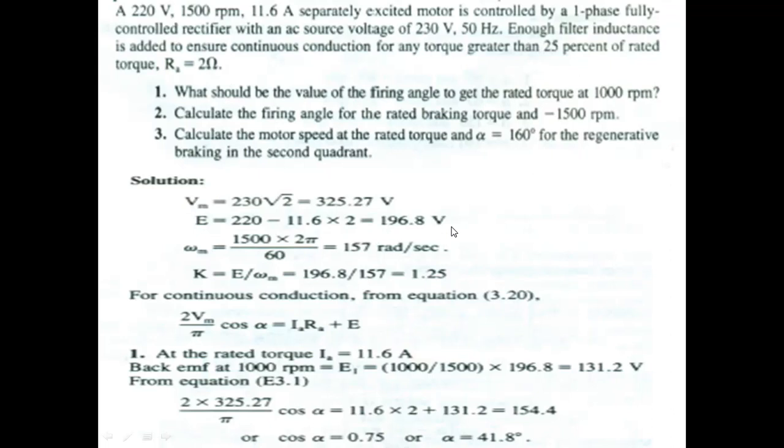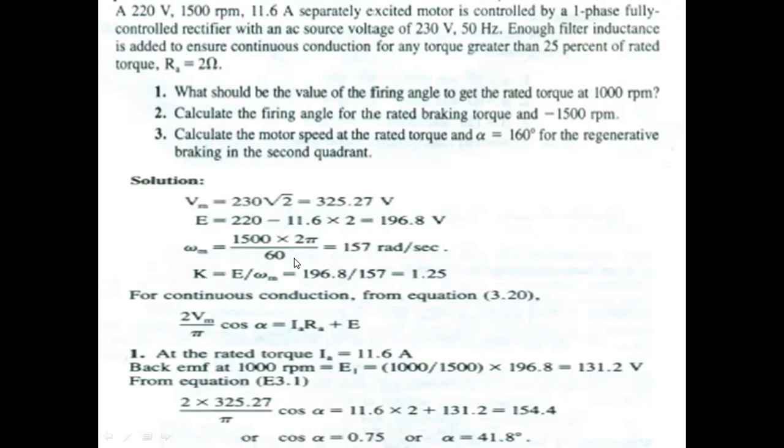Now from the definitions, we can say that omega m is equal to n into 2 pi by 60. That means we are converting n into 2 pi, divided by 60, into radians per second.